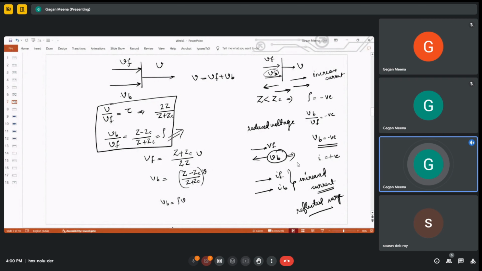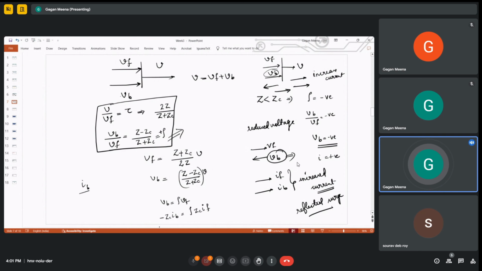And we also know that VB is minus ZC into IB, and this is rho into ZC into I forward.